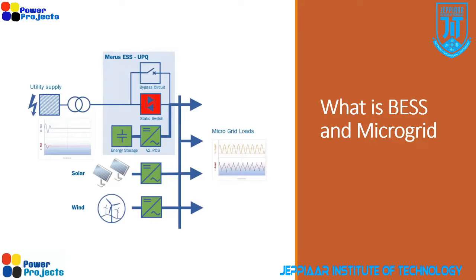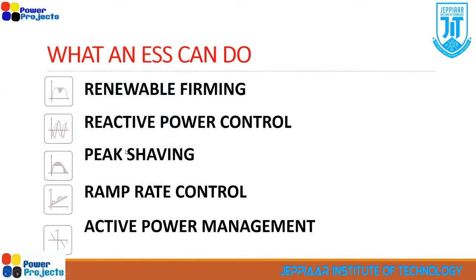So this battery energy storage system can be used to supply power when the peak demand occurs, and it reduces the peak demand from the grid. That's basically called peak saving. As in the graph on the left-hand side, the original load goes to a peak, but the energy storage system supplies and curtails the maximum demand drawn from the grid.